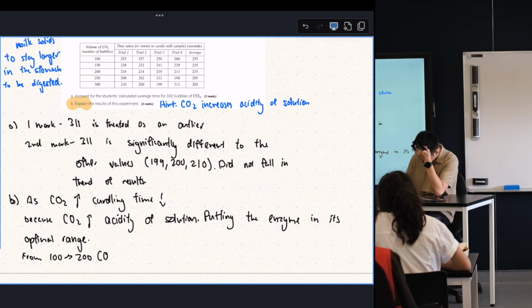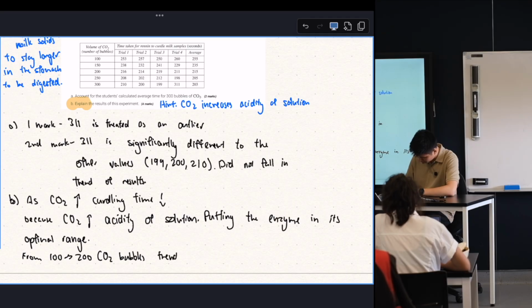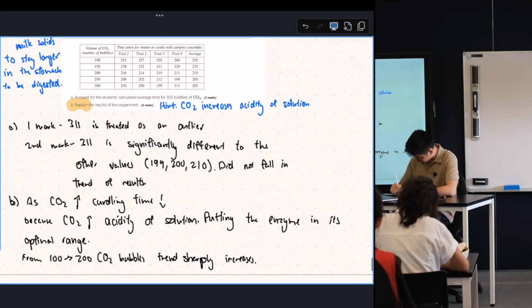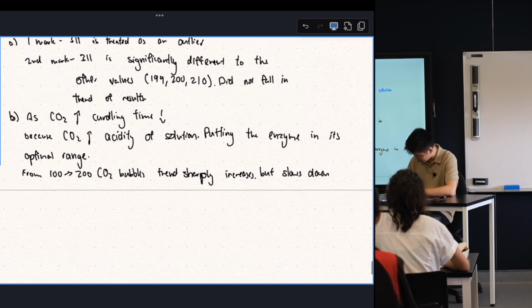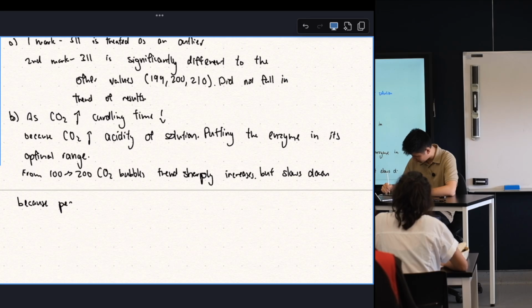from 100 to 200 CO2 bubbles, trend sharply increases, but slows down.